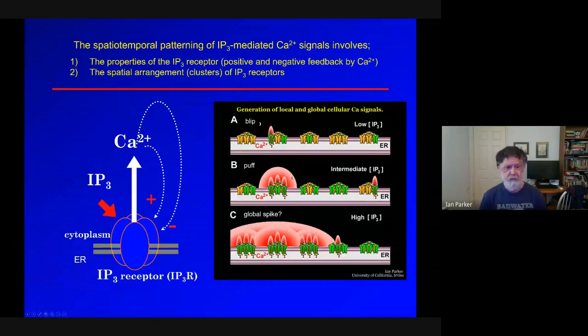And then at higher concentrations of IP3, we can get a propagating global signal, calcium released from one local cluster. It can diffuse, activate the next cluster, that diffuses, activating the next. We get a saltatory propagation of a calcium wave that gives a global signal.